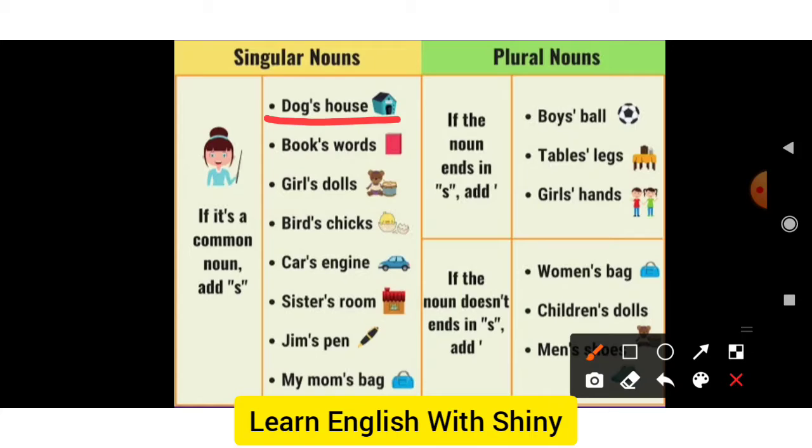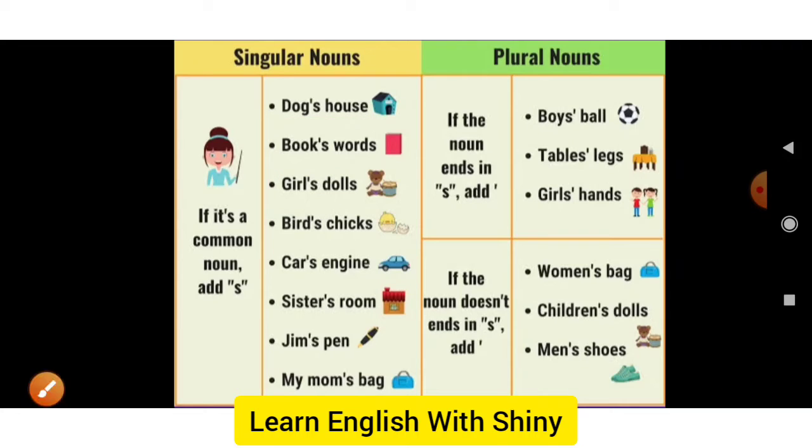Here it means the house belongs to the dog. Book's words, the words of the book. The words belong to the book. Okay? This way, when we want to say that something belongs to someone, we use apostrophe s.